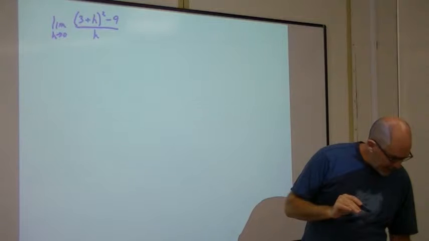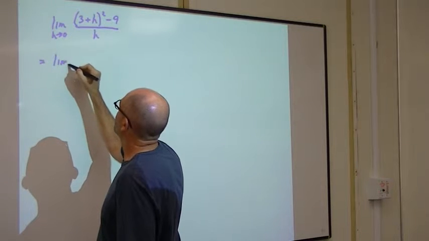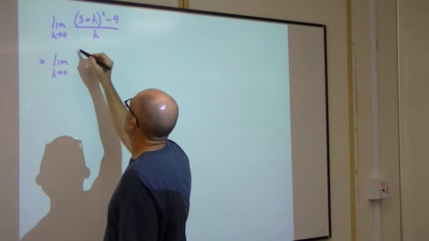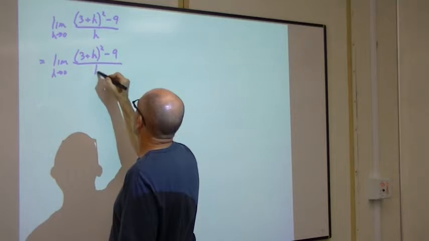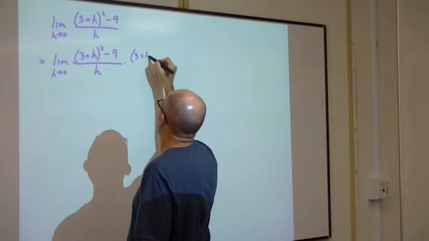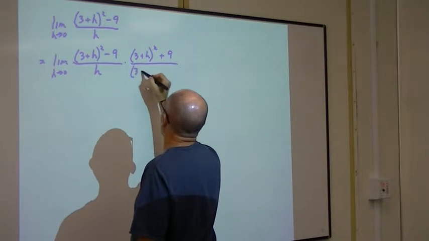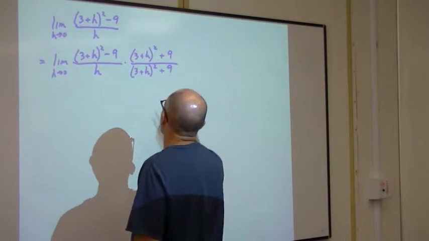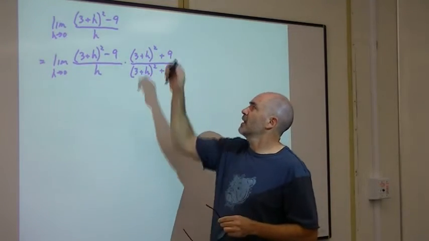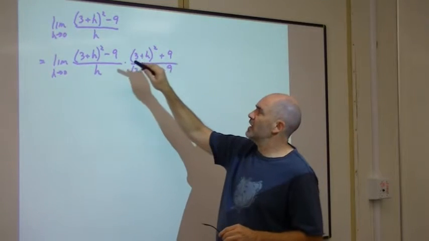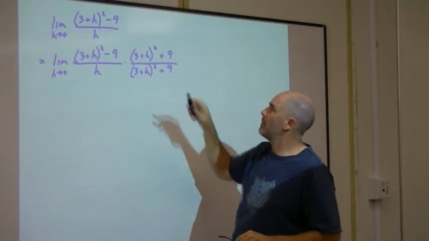Okay, so what we do is we multiply by the conjugate. See, here's the point. I need to get rid of the 0 over 0, and the way to do this is to get rid of this squared term, and the way to do that is to multiply by the conjugate.